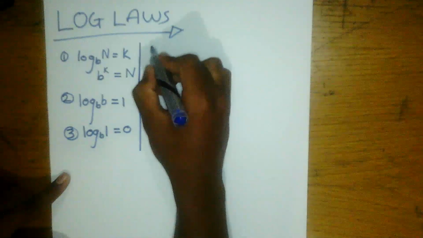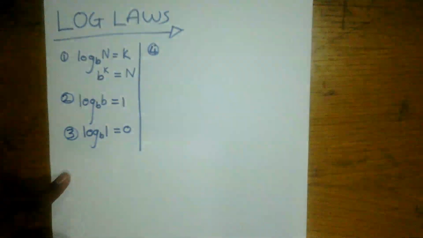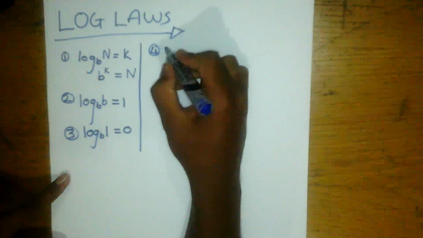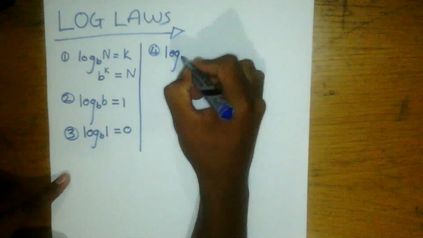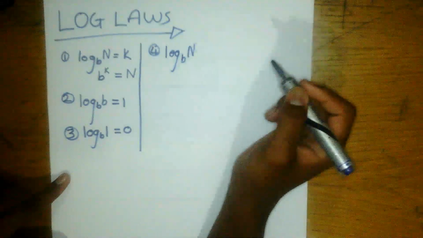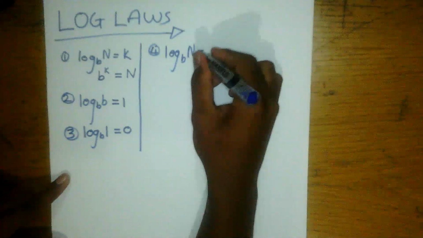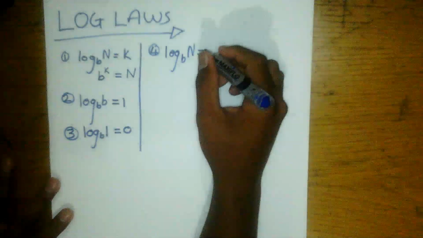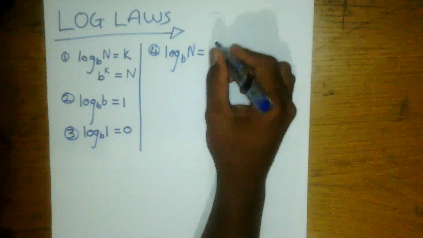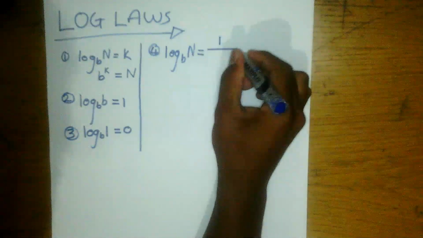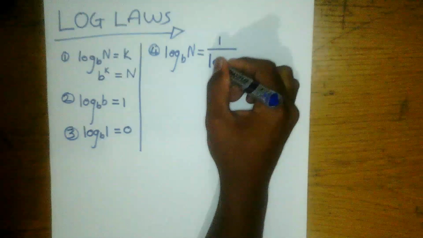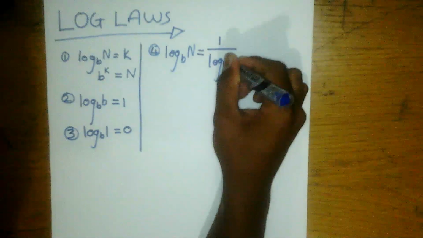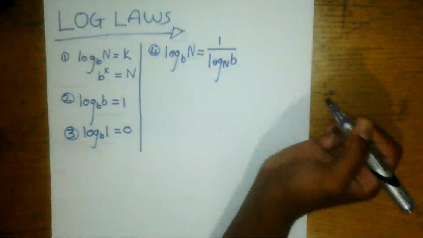Fourth one is log b of n equals 1 over log n of b.